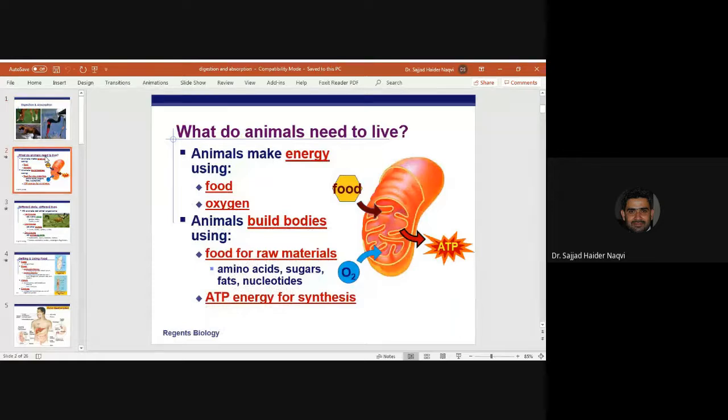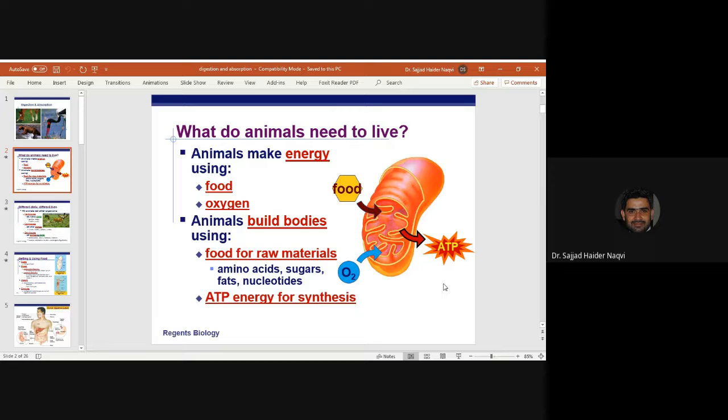We all need energy, and this energy is being supplied by the food. The food is not the only thing that gives us energy if we don't have oxygen to burn that food. So the concept of respiration is that this oxygen is needed to burn the food in order to get the energy out of it in the form of ATPs, adenosine triphosphate, which is the ready-made currency of energy in the human body or in animal body.